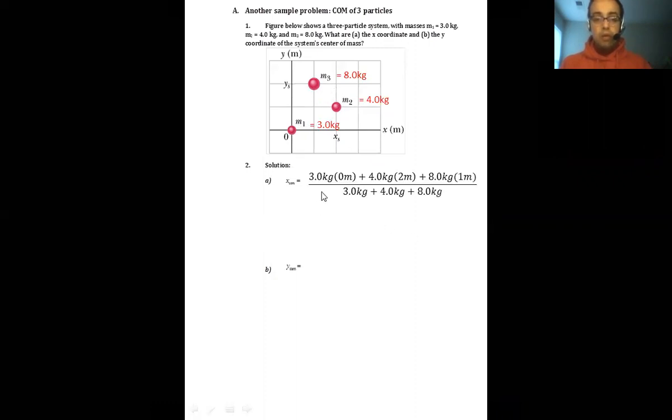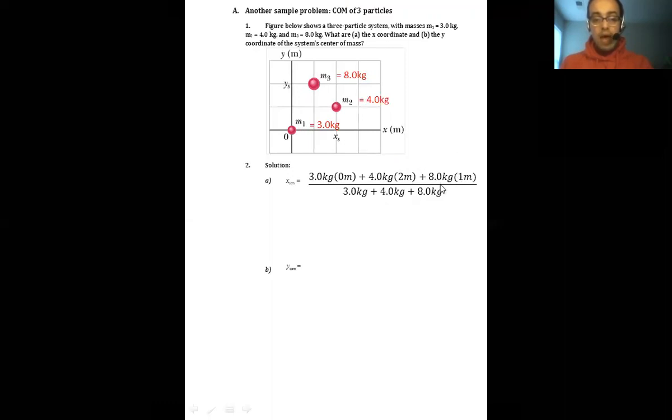Well, we just plug in our handy formula. For the x position of the center of mass, we take mass number 1, its mass times its x coordinate, which is 0, so 3.0 times 0, plus mass 2, its x coordinate being 2 meters, times its mass of 4 kilograms, plus mass number 3, whose x coordinate is 1 and whose mass is 8.0 kilograms.